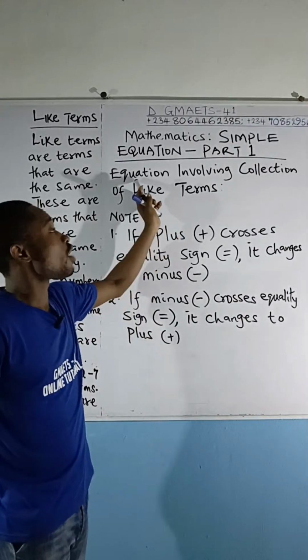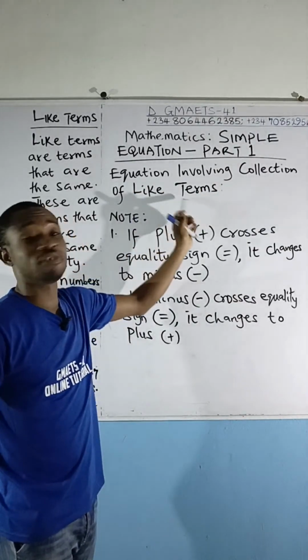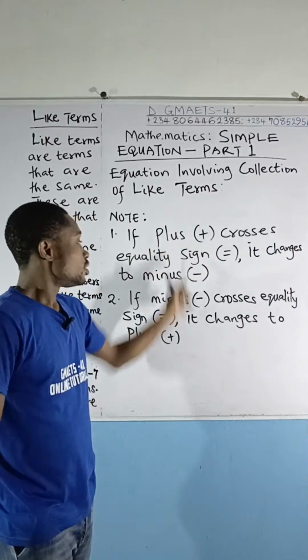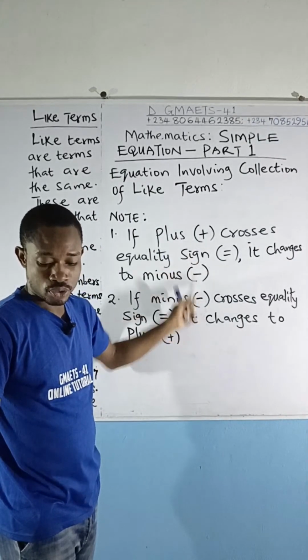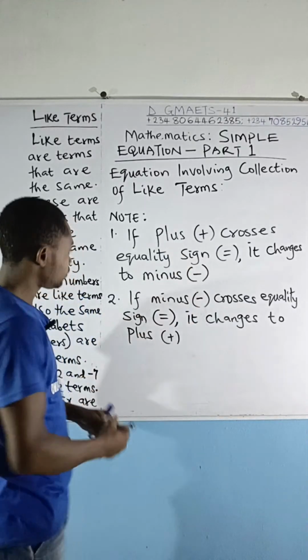Anytime you are solving an equation involving collection of like terms, this is always used. We always meet it.